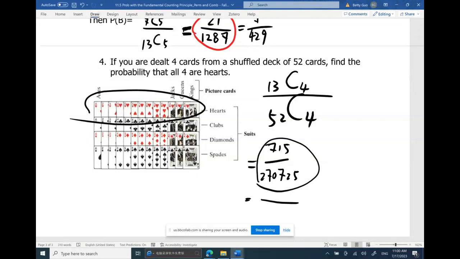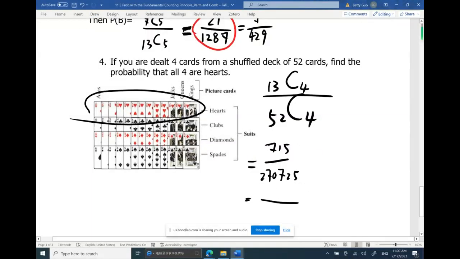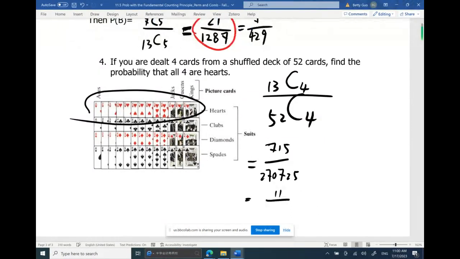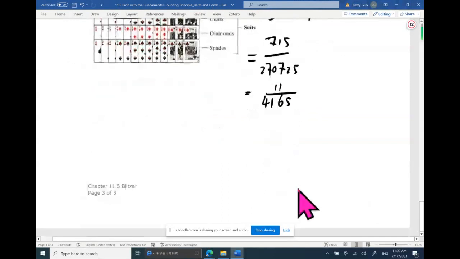But to make your job easier, you can use the trick that I just gave you. 715 divided by 270725, and then go to Math, Fraction, enter. 11 over 4,165. All right. So that would be the last problem, I believe.